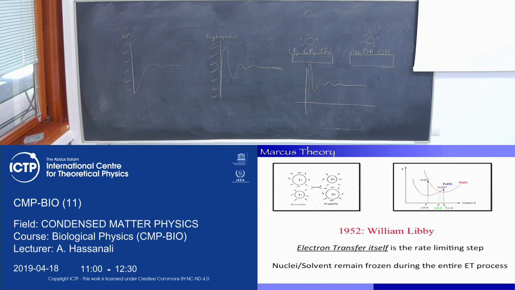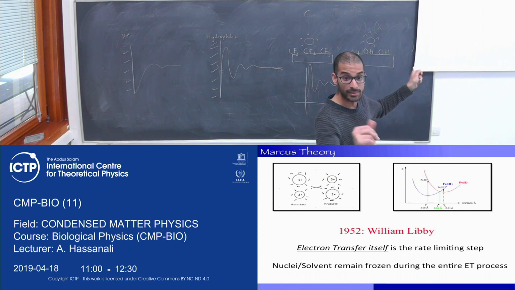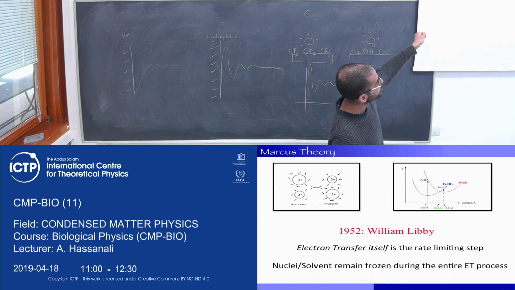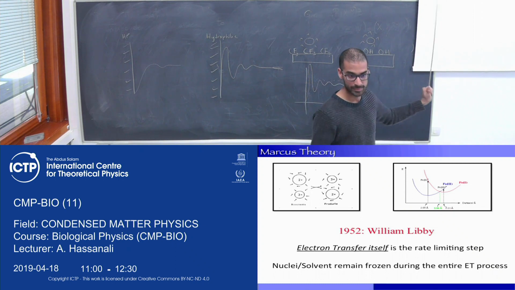And so he got the Nobel Prize for this theory. The systems that he was thinking about were the following. I have iron, Fe3 plus, Fe2 plus, and I have an electron transfer from this to this, and then this creates Fe3 plus and Fe2 plus.